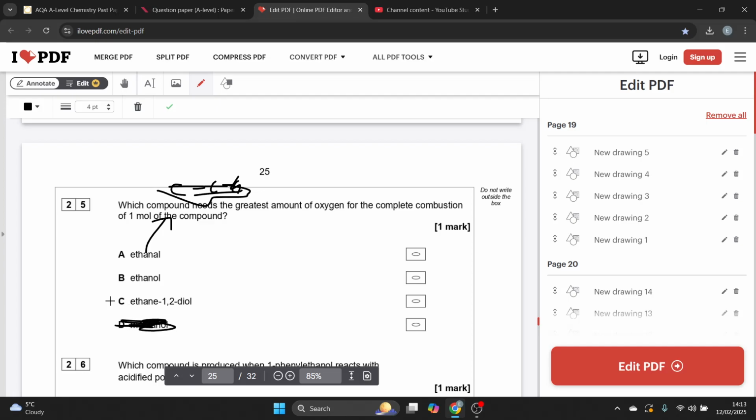Ethane-1,2-diol, again, it's got 2 OH groups, so it's already going to get plenty of oxygen.